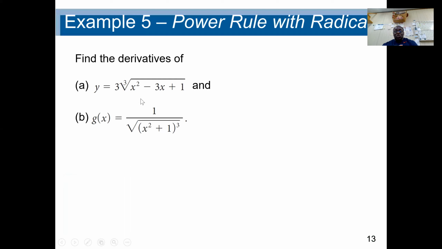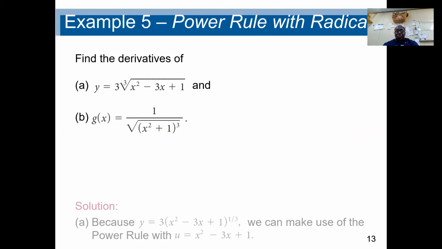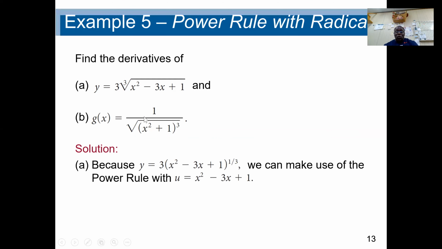Now, if we have this question, we should be very careful because we have to use the chain rule. So we can see that y equals 3 times (x squared minus 3x plus 1) raised to the power 1/3. So here we can use the power rule with u equal to x squared minus 3x plus 1. So du/dx will give me 2x minus 3.